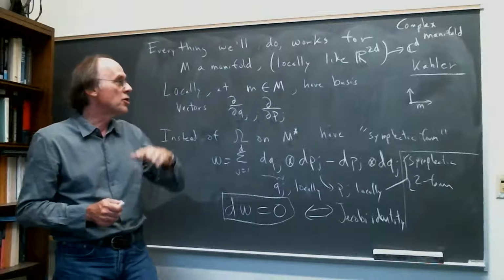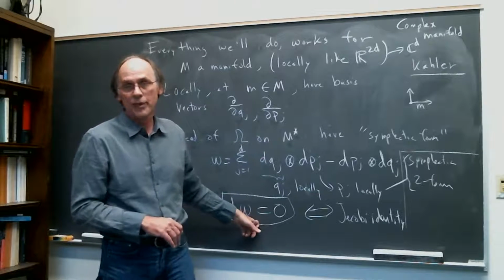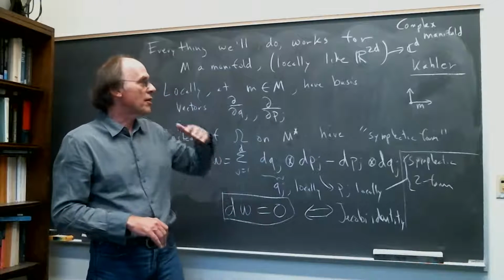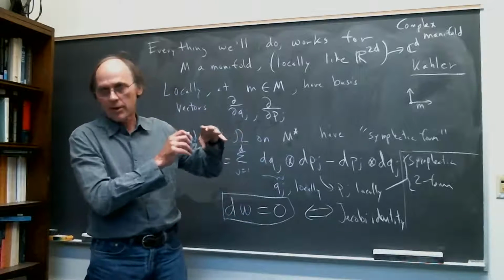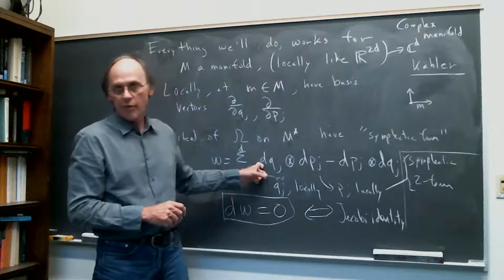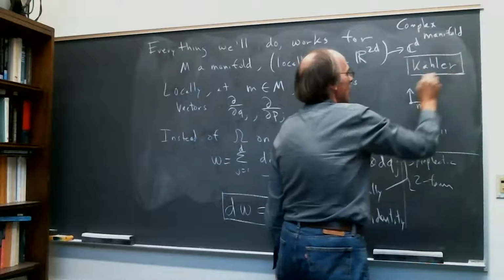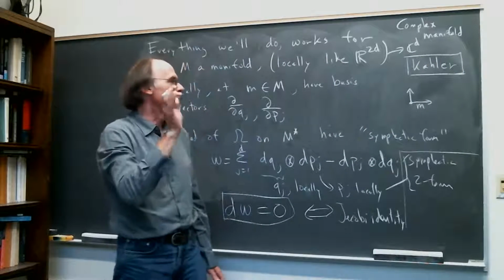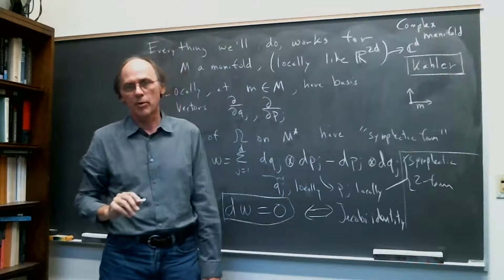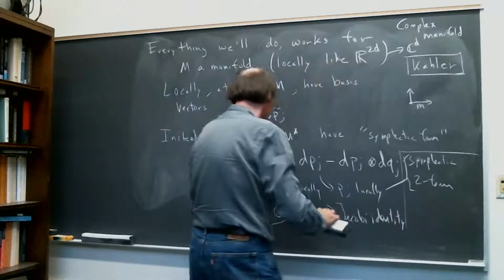And so you can do Riemannian geometry, and you can do symplectic geometry. You have this metric, which is the symmetric thing, and you have this anti-symmetric thing, the symplectic form. And the Kähler case is when they're compatible in a certain sense.